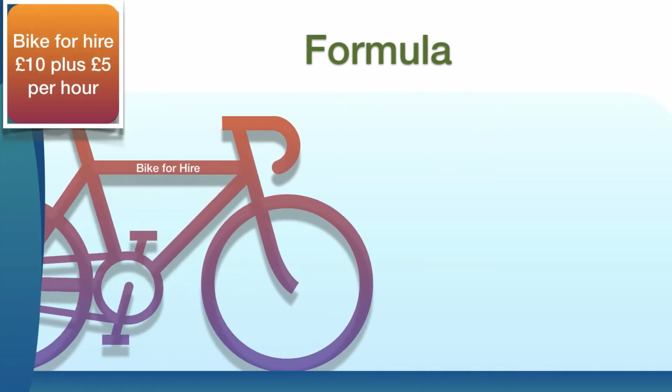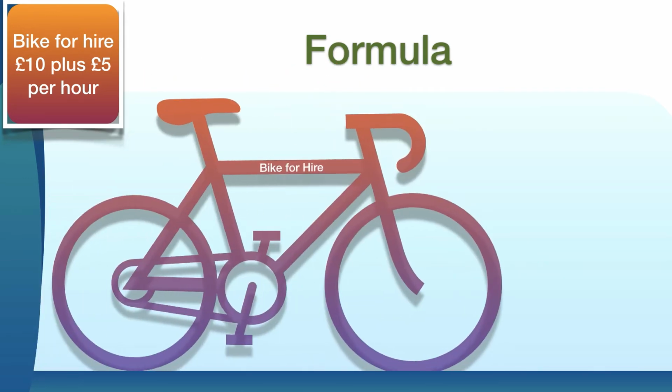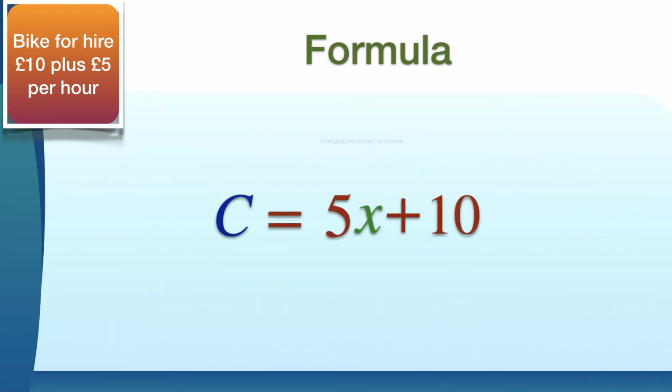Sometimes the subject of the formula is not the quantity that you want to calculate. For example, if we know the total cost of hiring the bike but want to find out how many hours we can hire the bike for, then this is when you need to rearrange the formula to make the number of hours x the subject of the formula.